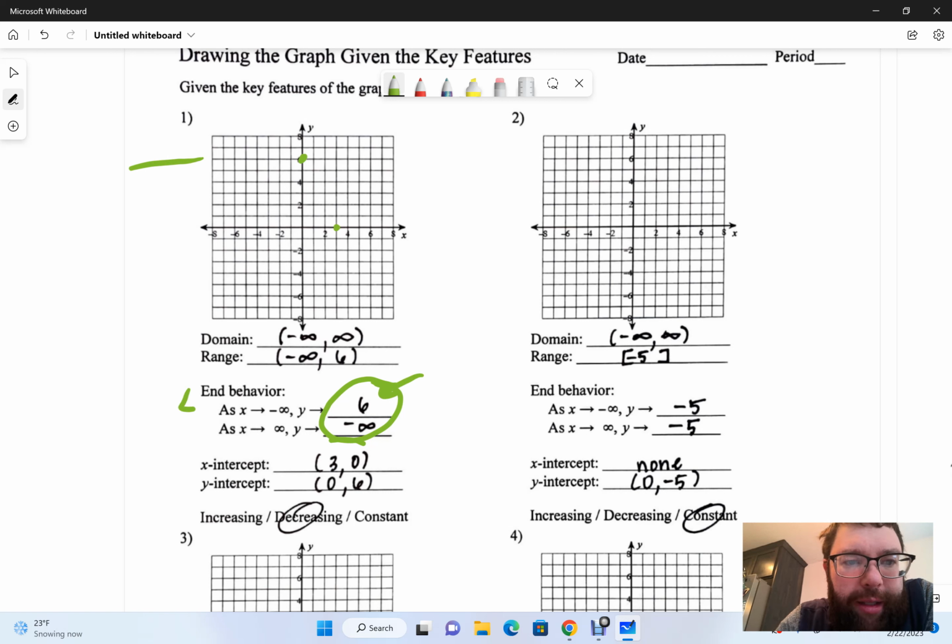And then I can see when it goes right, it's going down to negative infinity. So I know it's going to be going down off the graph. That's really all I need to finish drawing. I know it hits these 2 intercepts, and I know that it's going to go flat at 6 off the left, and it's going to go down off to the right. So I'm just going to basically draw those lines in.